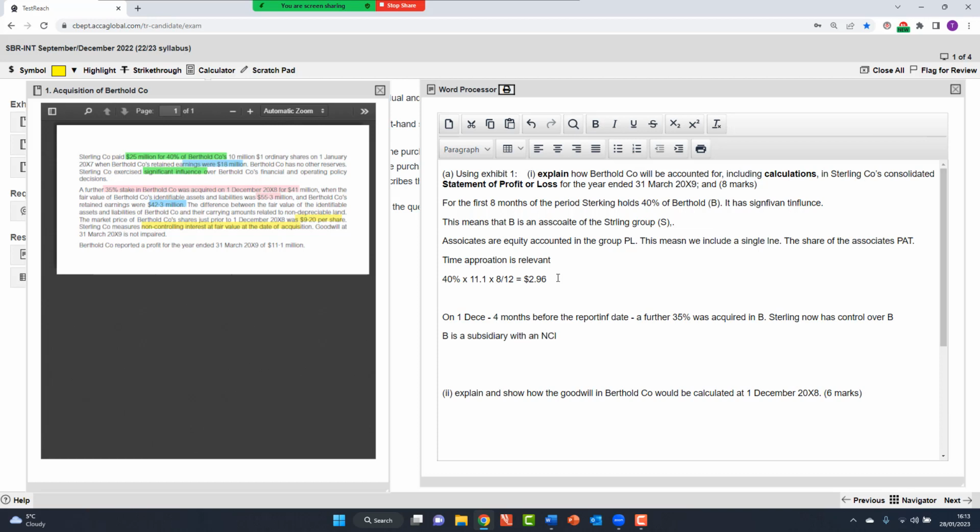Now, you've got to do your maths here, but I think you can do it in your head. 40% plus 35% gives you, what, 75%? So you've got an NCI of 25%. And I don't think that requires any real further calculation.